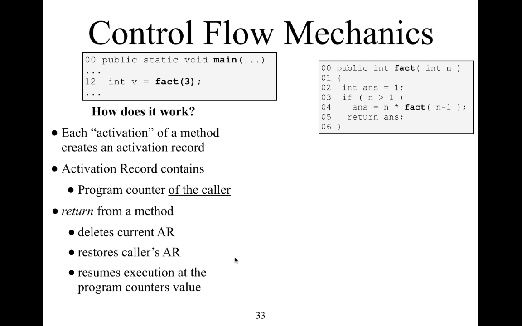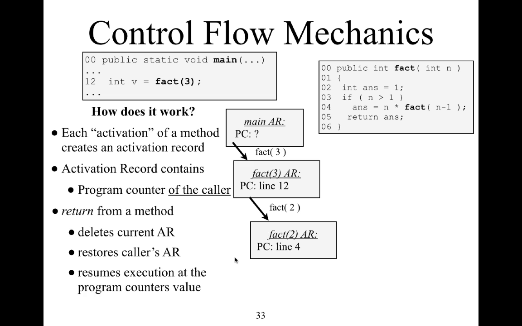So again, with this fact execution, the only difference between this and the last one is that we're explicitly showing the program counter. There will be some program counter for the main program, which is the OS or, in our case, the Java runtime environment.